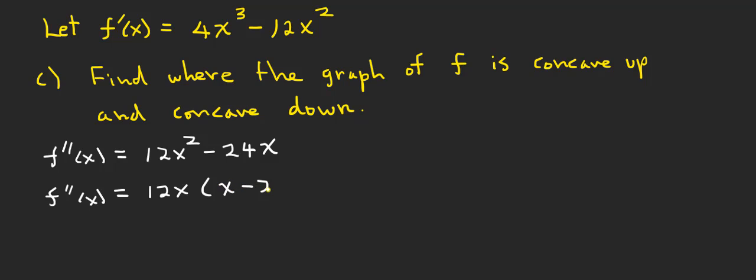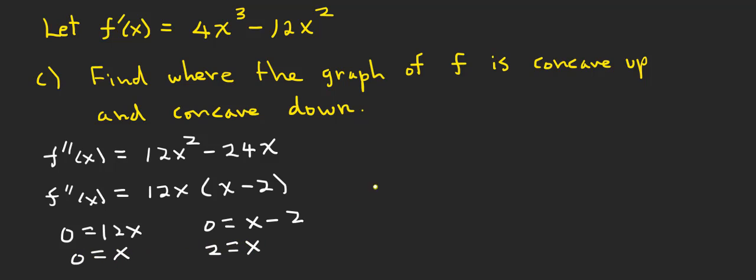You get x minus 2. Now, what are the possible inflection points? That happens when 0 equals 12x or 0 equals x minus 2. So that implies x equals 0 or x equals 2.